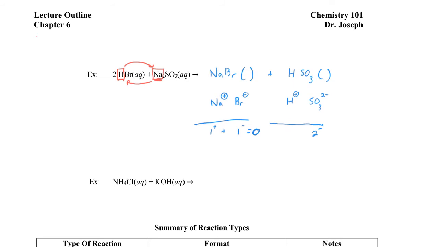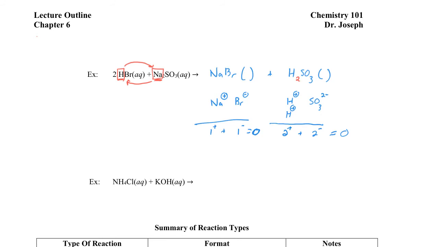If the cations are +1 each, that means we need 2 of them. This gives us the 2 positive charges that we need to add to the 2 negative charges to give us a total of 0. So the formula needs to reflect that. We need to have 2 hydrogens in the formula, so we're going to put a subscript 2 there.